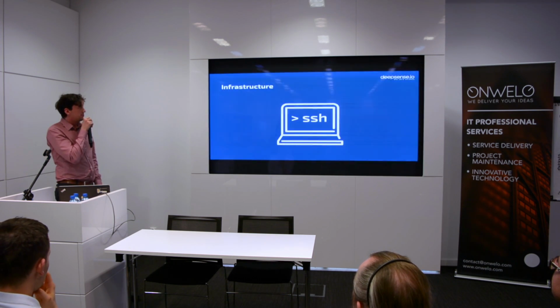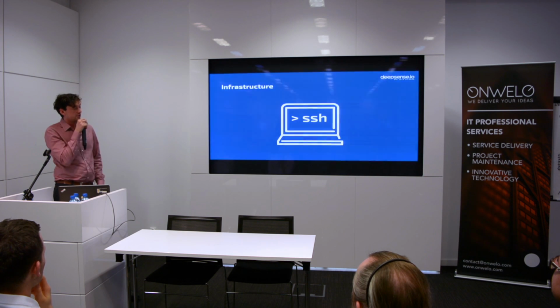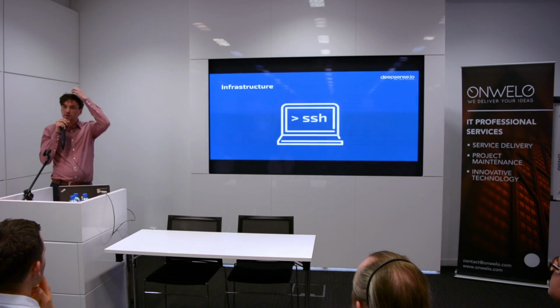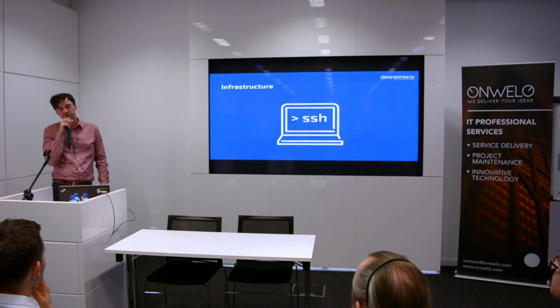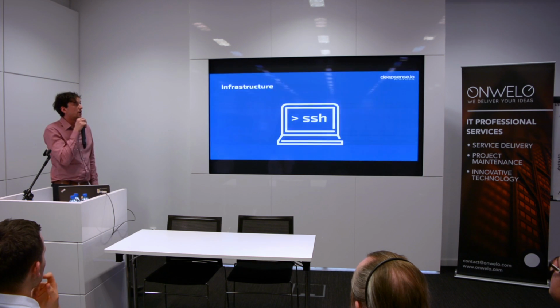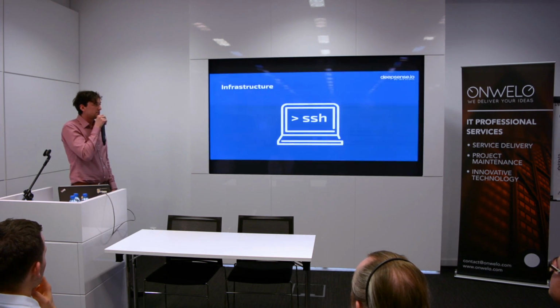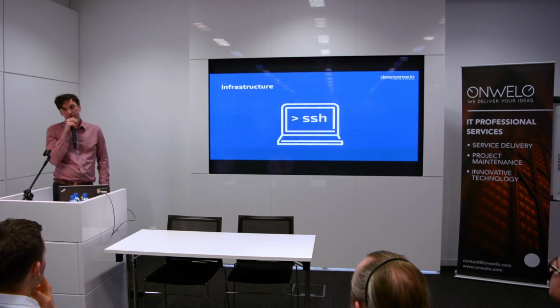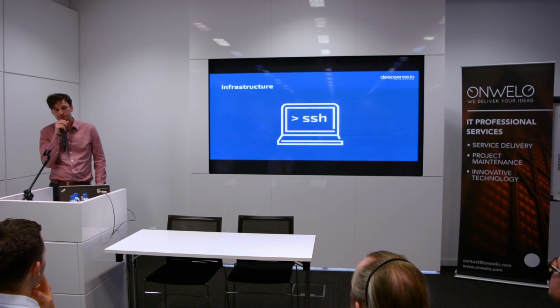And the third big problem that we had was infrastructure. At DeepSense.io we use three different pieces of infrastructure. We have our own small data center with our own bare metal servers. We use infrastructure in the cloud, and we cooperate with NVIDIA, so we have access to their clusters.